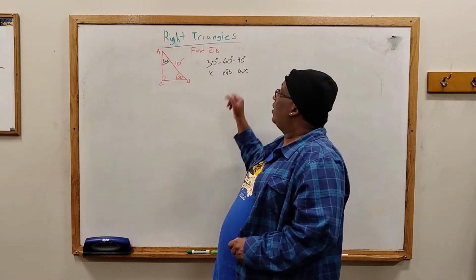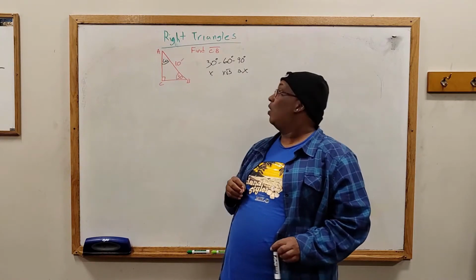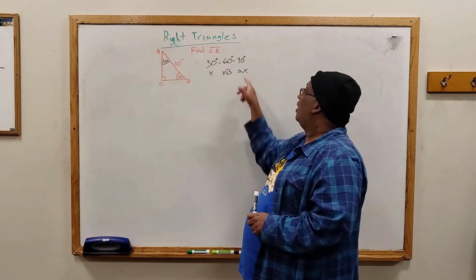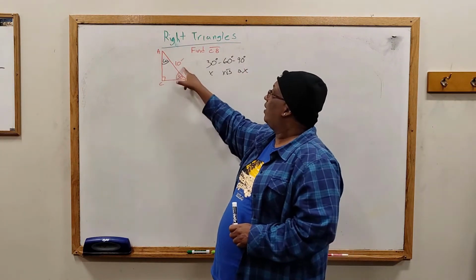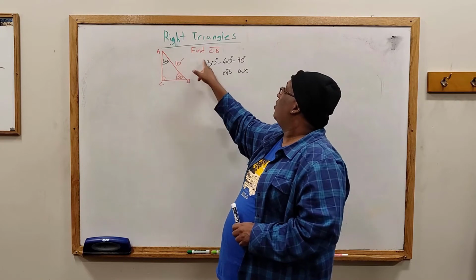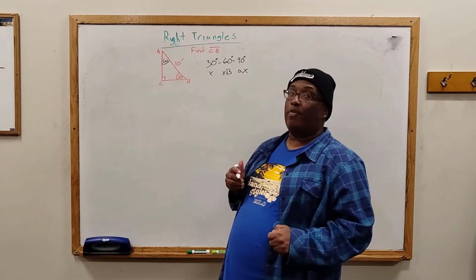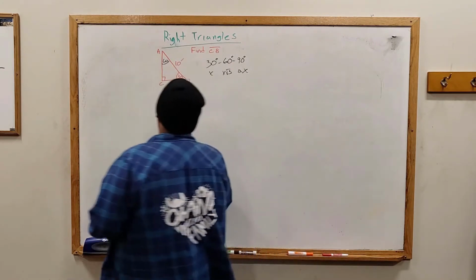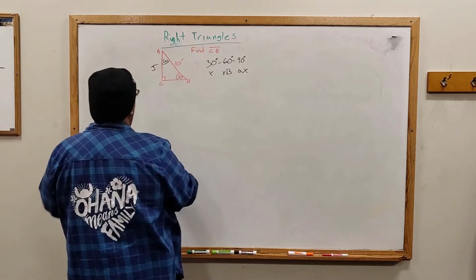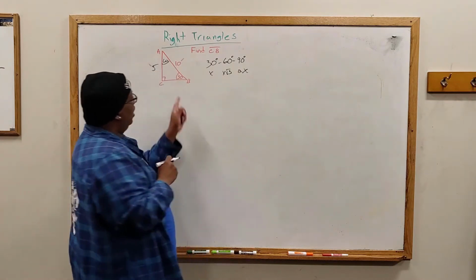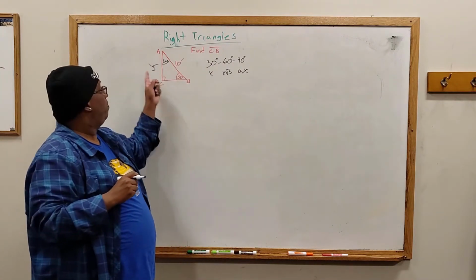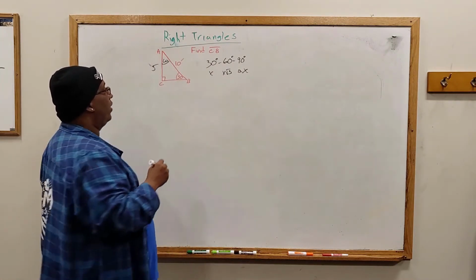Now that we know our relationship and our ratios, we can identify the 90 degree with this side is 10. That means the 30 degree has to be half of 10, which is 5. And this one has to be a little bit bigger than that, which is 5 root 3.